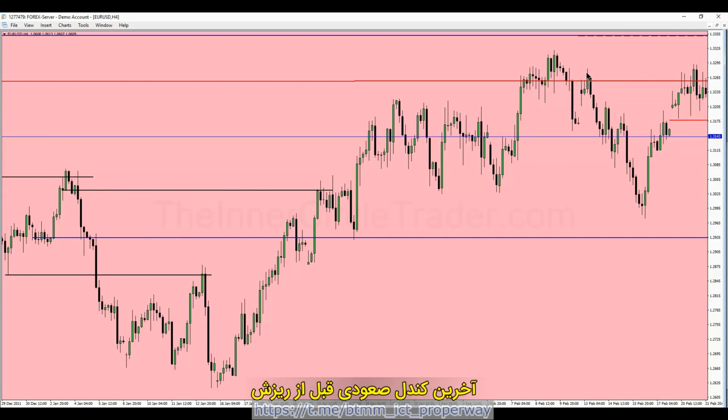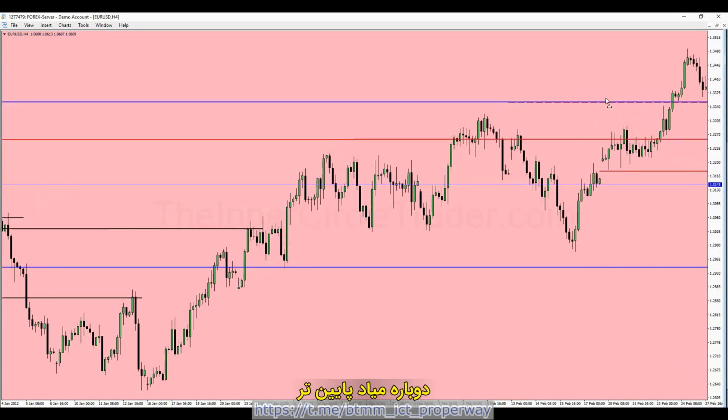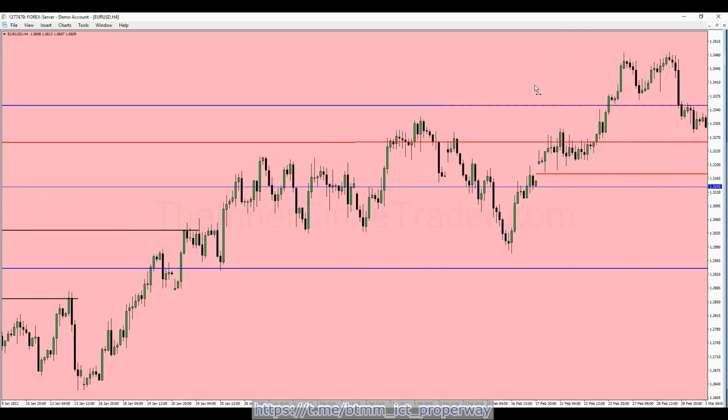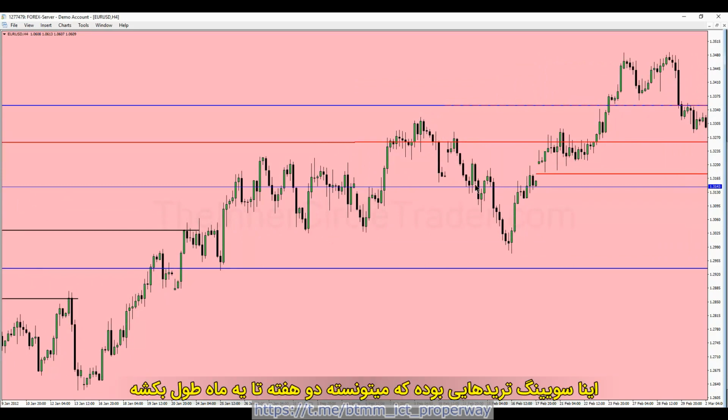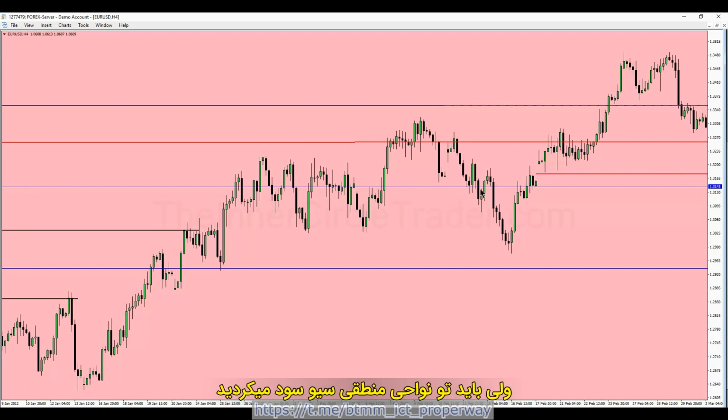Last up candle right for the down move, hits it, trades into a bearish order block there, trades lower. Again, these are swing trades that could be 2 weeks to 1 month, but you have to take some profits at a logical area as well.